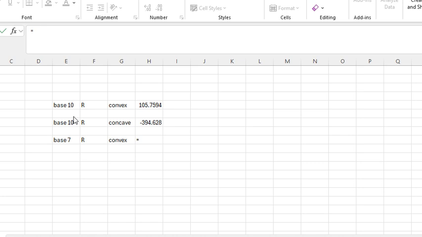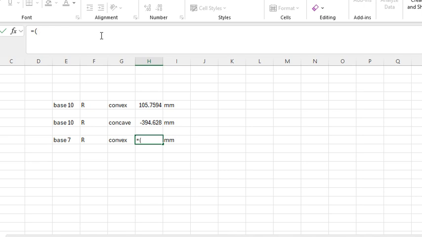So I write it down here: the base 10 for convex is this, and of course we're in metric, so this is millimeters. I'm just going to check if this calculation is correct before we compare.